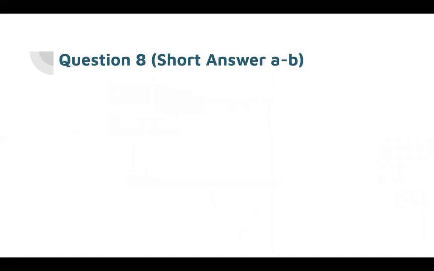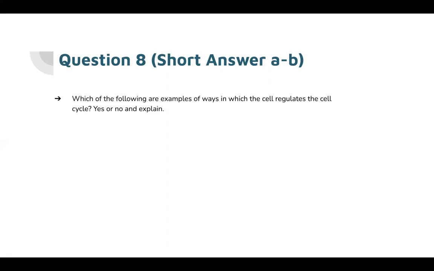So knowing that sequence of events, we have question 8. Which of the following are examples of ways in which the cell regulates the cell cycle? Yes or no, and explain. A: CDK phosphorylates RB, which causes it to bind E2F, which leads to transcription of S-phase genes.